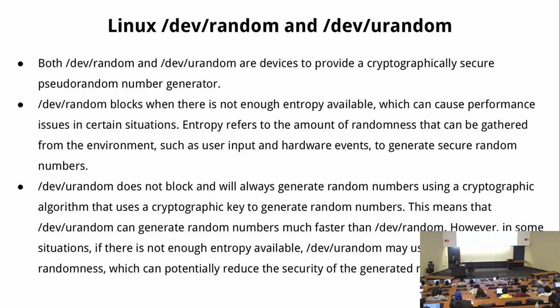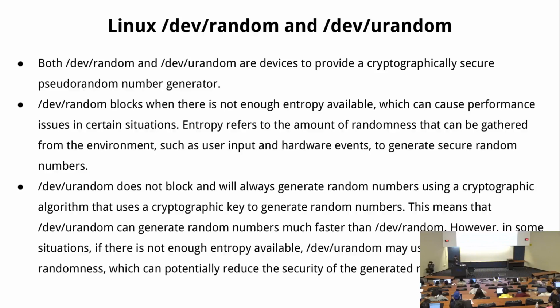However, the disadvantage is that its throughput is not as big as sometimes you need. That's why they have another device, the urandom device. This device will not block. It will always generate random numbers using a crypto algorithm. However, the quality may be lower.